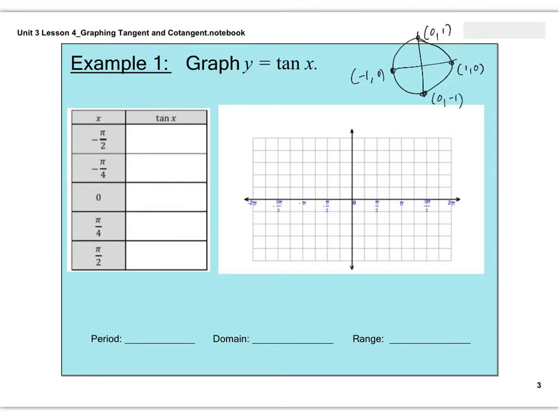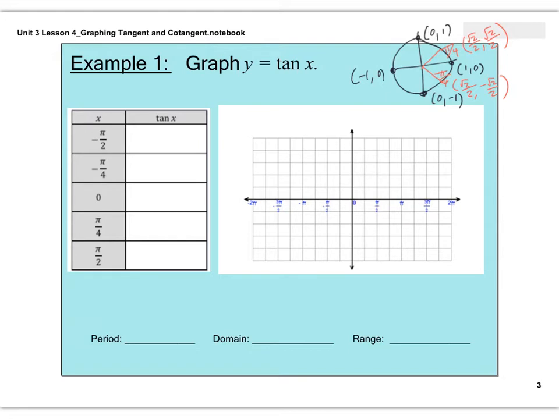And then I also want you to think about the 45, or this is also pi divided by 4. The coordinate there is root 2 over 2, comma, root 2 over 2. And so therefore down here, if we go down negative pi over 4, the coordinate down there is root 2 over 2, comma, negative root 2 over 2. Remember, pi over 4 is the same as 45 degrees.